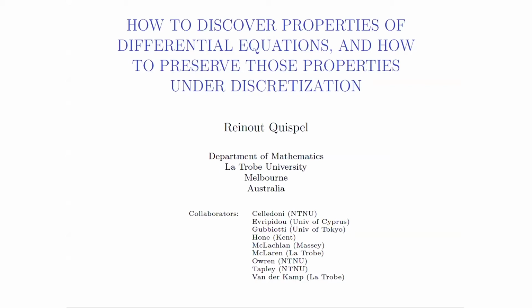On the first slide, you see my collaborators over the years. Some of them are at my own university, La Trobe University. Some of them are in Norway at the University of Technology in Trondheim. And then there is Giorgio Gubbiotti, who actually used to be here at Sydney University and is due to go to the University of Tokyo.